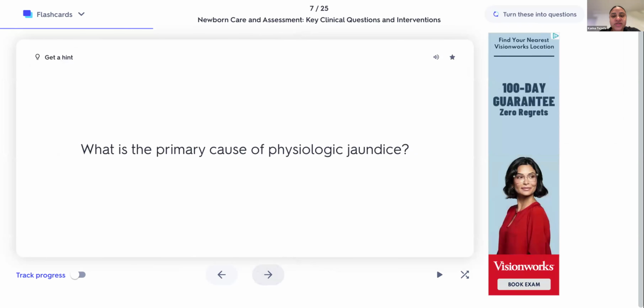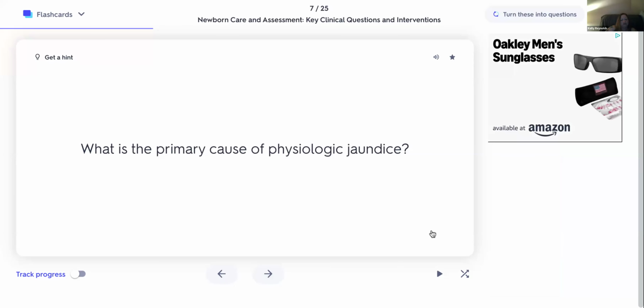What is the primary cause of physiologic jaundice? What do you guys think the cause of jaundice is? Isn't it a deficiency of a vitamin? No, not a vitamin.